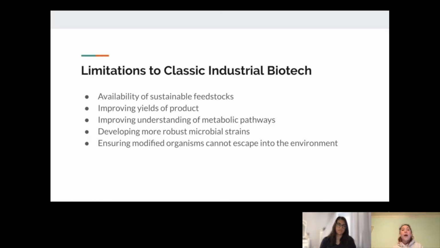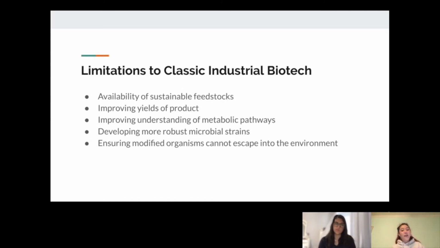We can do a lot to our organisms to try and get as much product as possible out of these microbes, but the way that we have produced them now, it's very hard to get a large yield of a specific product out of these microbial cell factories. There are only a few things that we have learned how to improve natural yield enough to make a commercially viable supply. So that is another thing that we have to overcome.